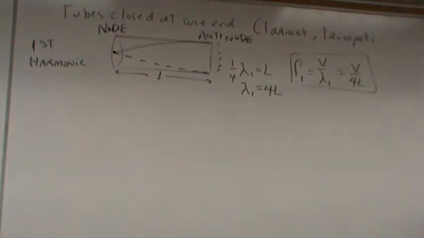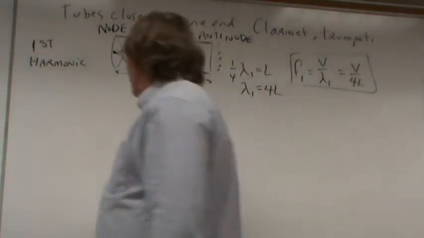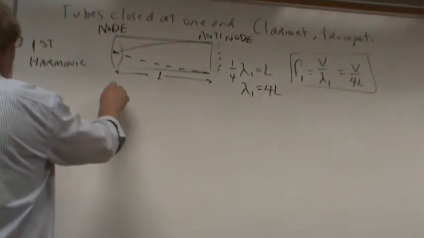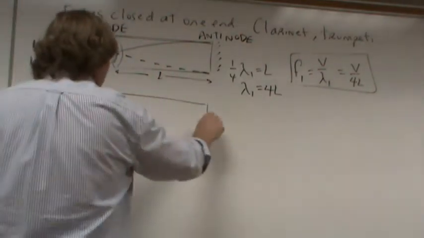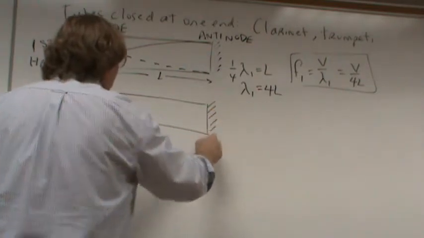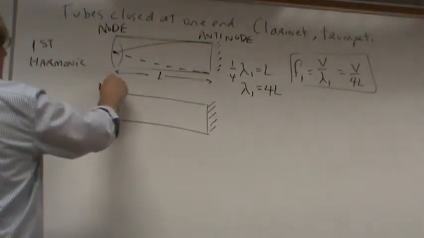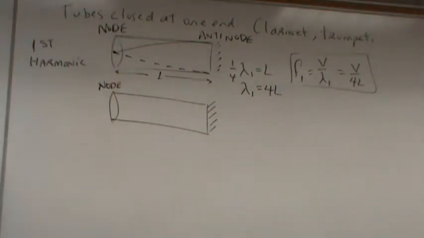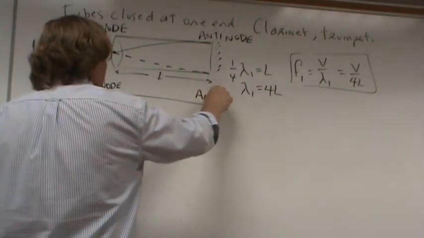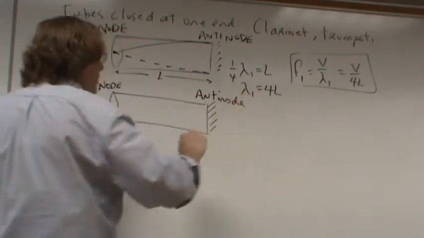Well, let's go ahead and get the next harmonic. I want to remind you, since this side is open to the air, it's going to be a pressure node. Since this side is protected from the air, it's going to be a pressure antinode.